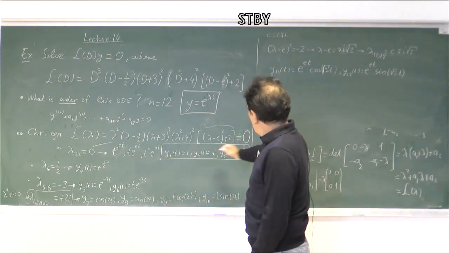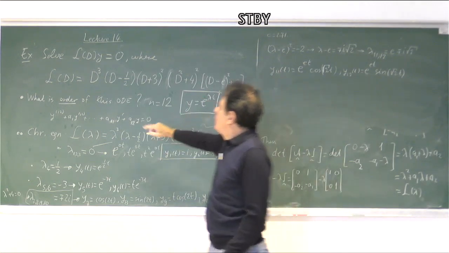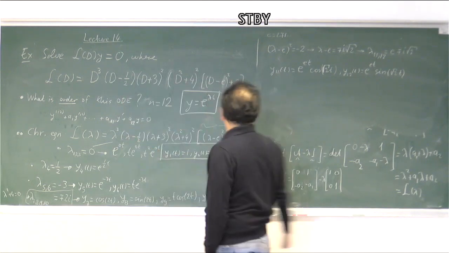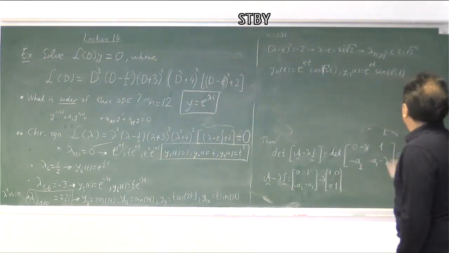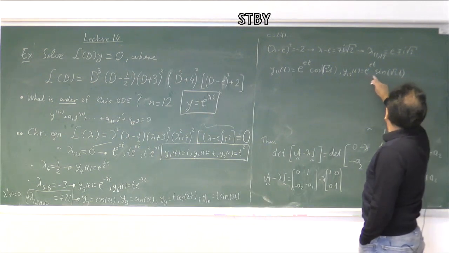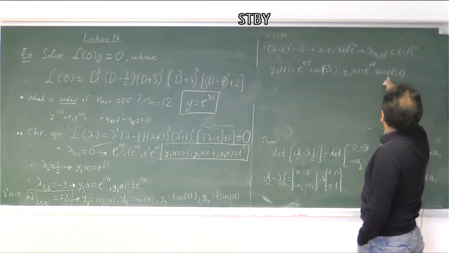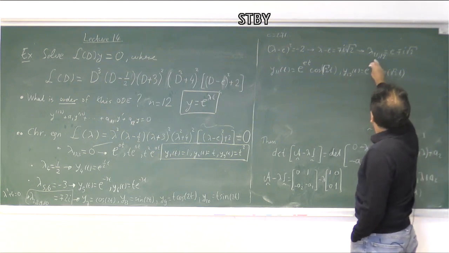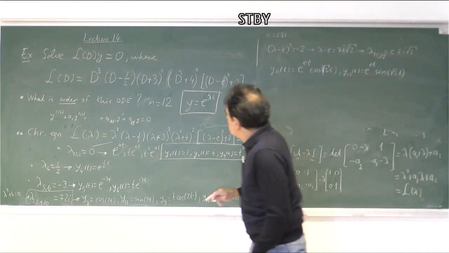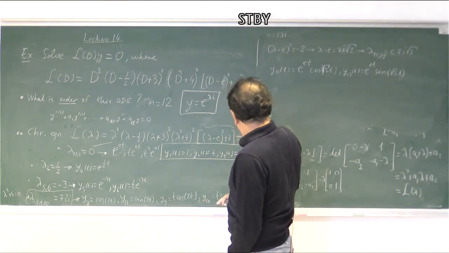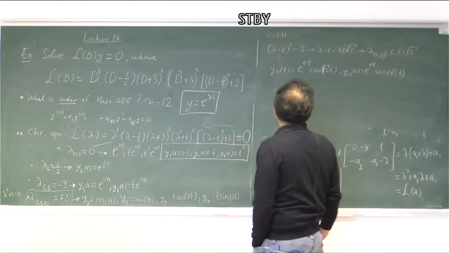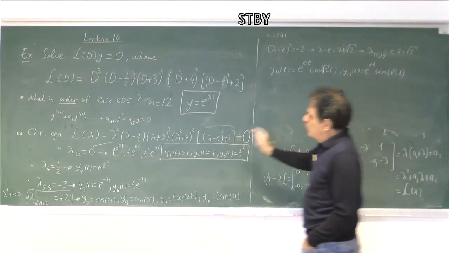So we get all 12 solutions of our differential equation, which is of order 12. No, it is not a repeated root. It is a single root. Okay, but we have 2 roots.